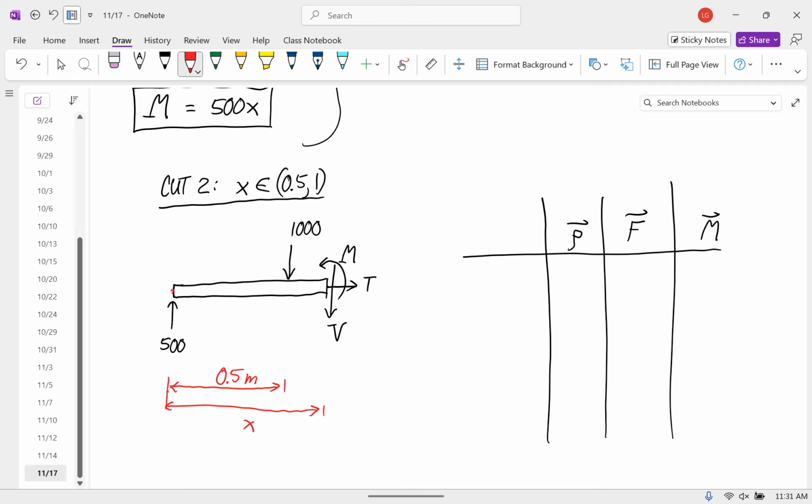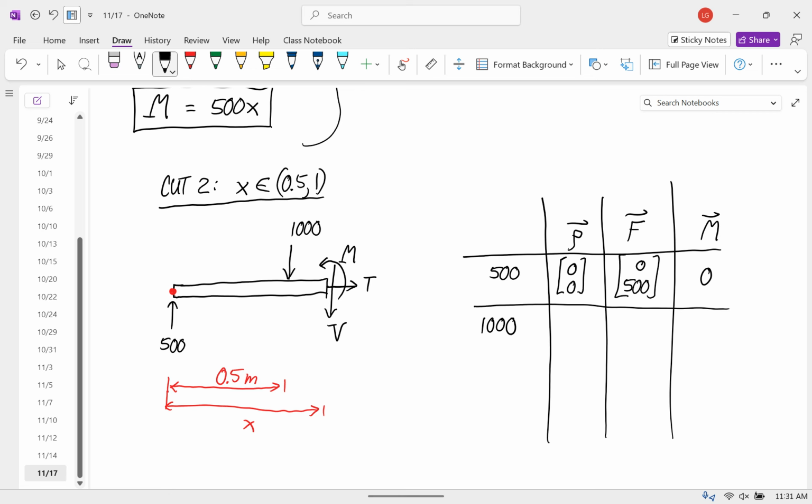My about point again is going to be at the left end. So I'll start with the 500. Row vector is 0. Force is 0, 500. Cross product is 0. Then this time we have the 1,000.